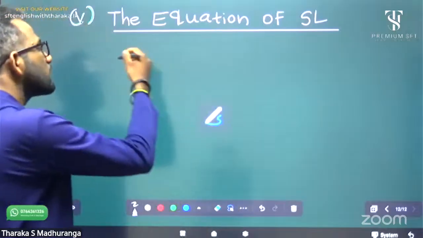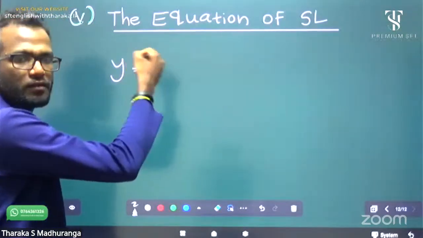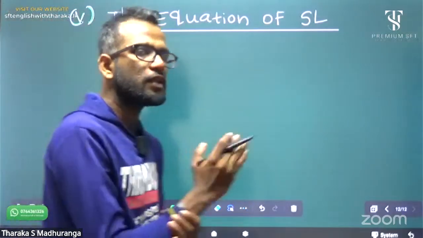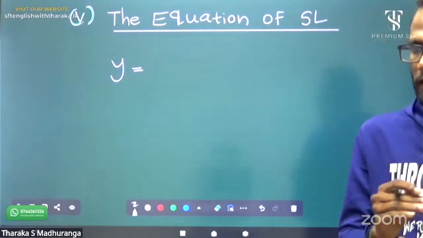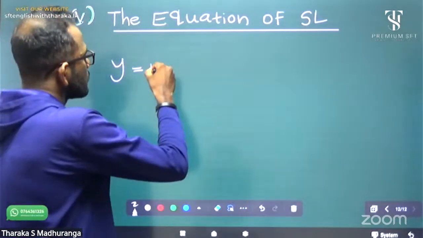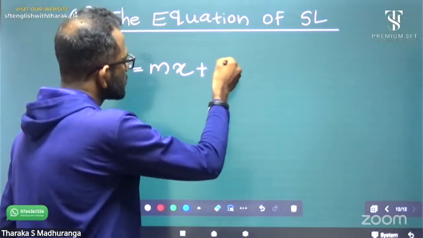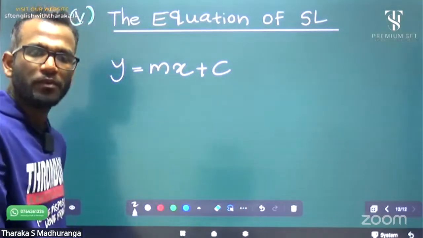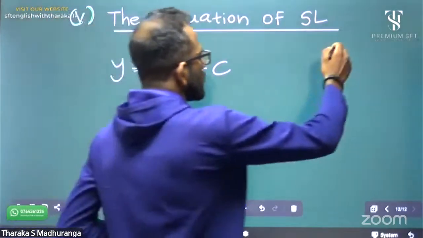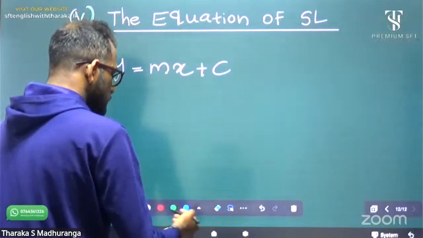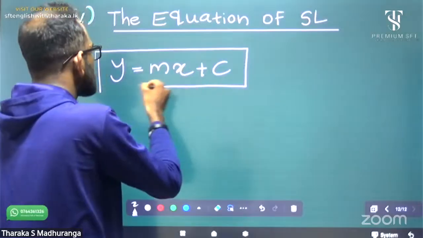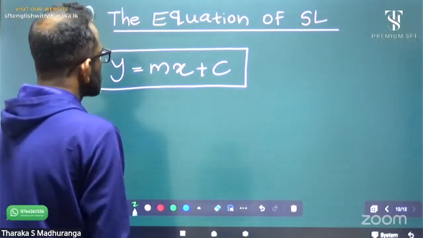It is y equal, tell me, y equal mx plus c, very good. y equals mx plus c is the common equation for any type of straight line.